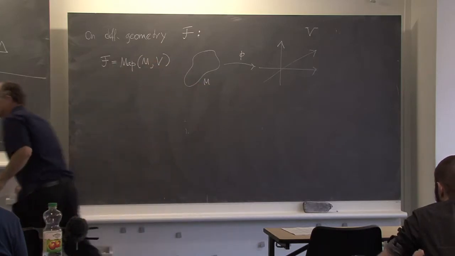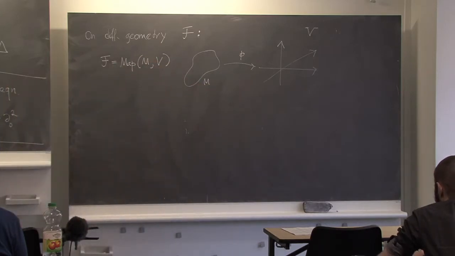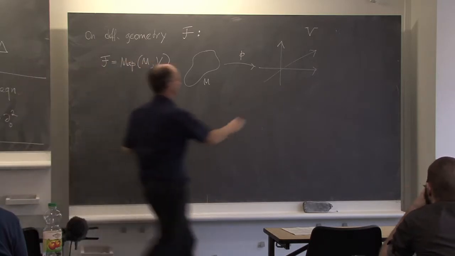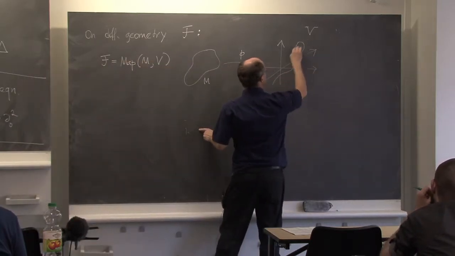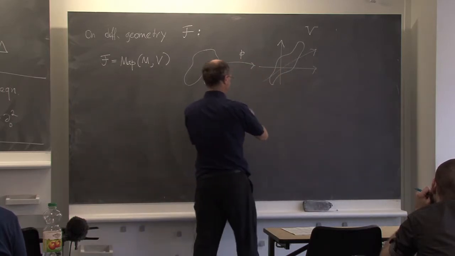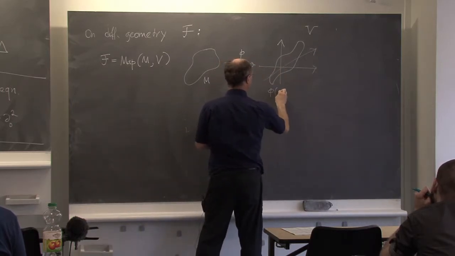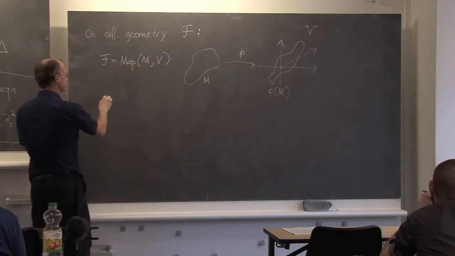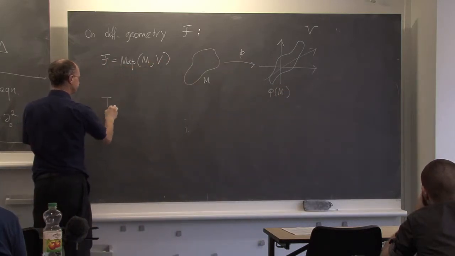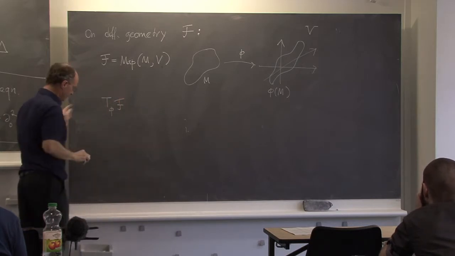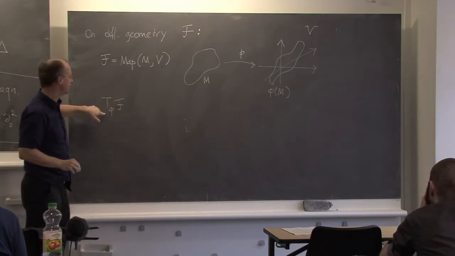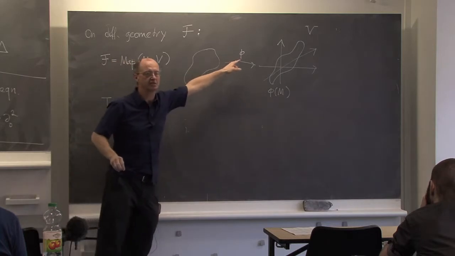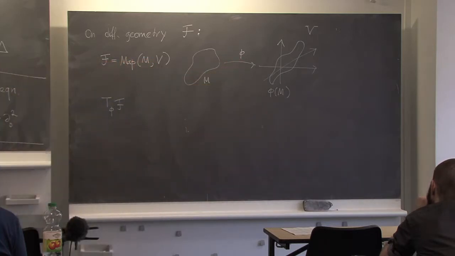And here let me draw the image. So that's the image of M. We would like to say what's the tangent space to F at the point phi.